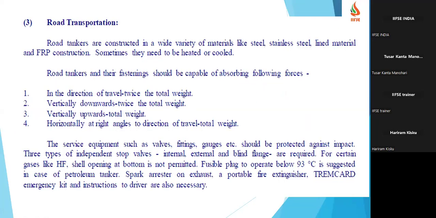Okay, road transportation. Road transportation basically means the big trucks going on the roads, carrying a big symbol saying it is corrosive or flammable. These trucks pass through many states, villages, and dense population cities as well.